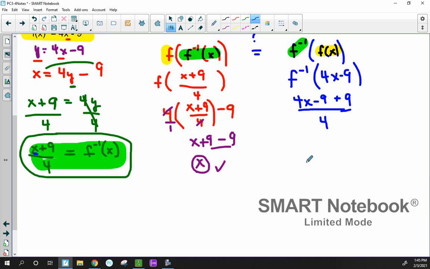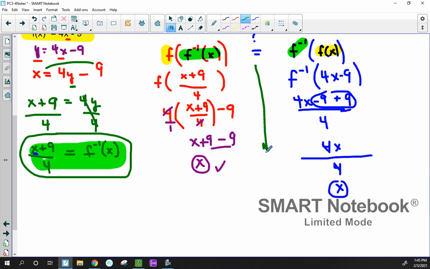Notice in the numerator of this big fraction, we have these two values that need to be combined. Negative 9 plus 9 is 0, so you're left with 4x on top, and a 4 on the bottom. 4x divided by 4, the 4's cancel, leaving you 1, and you're left with x. So we can see that both composition problems gave us x.